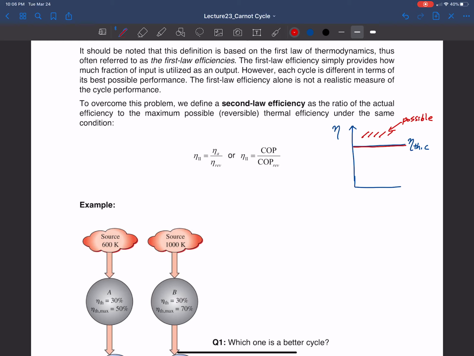Now, in order to overcome that limit, we define a second law efficiency, and this second law efficiency is defined as the ratio of the actual efficiency to the maximum possible thermal efficiency, which is the efficiency of the Carnot cycle.